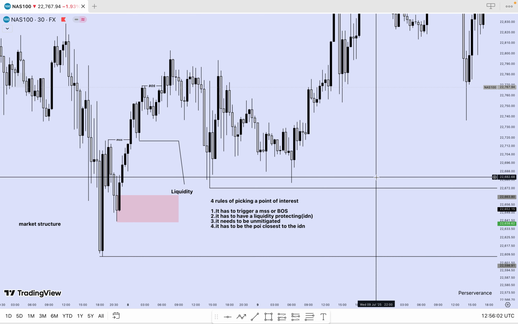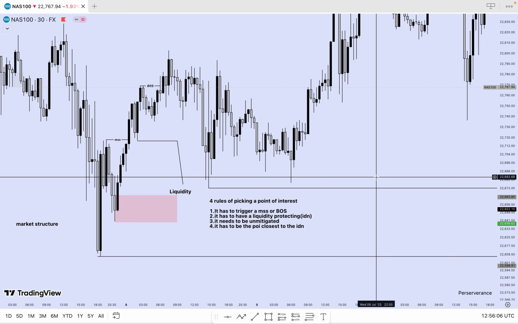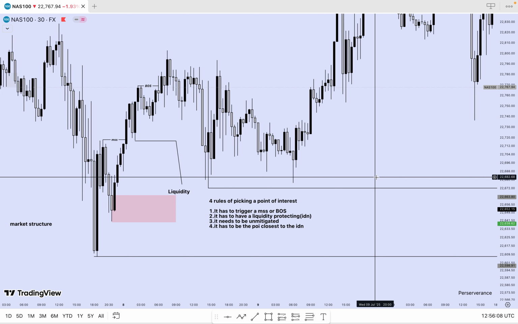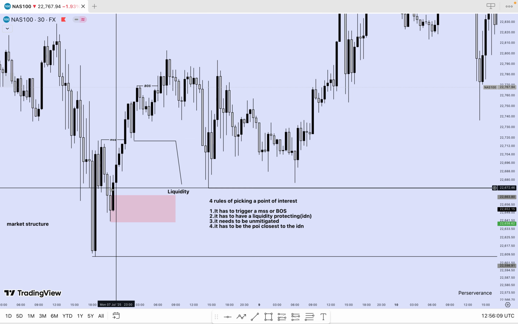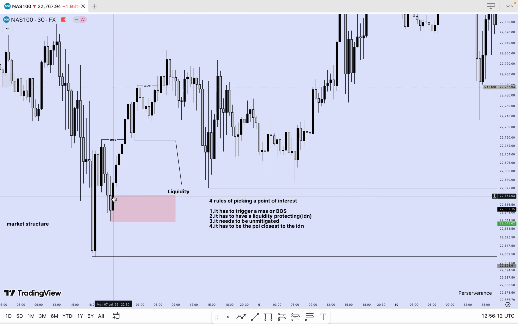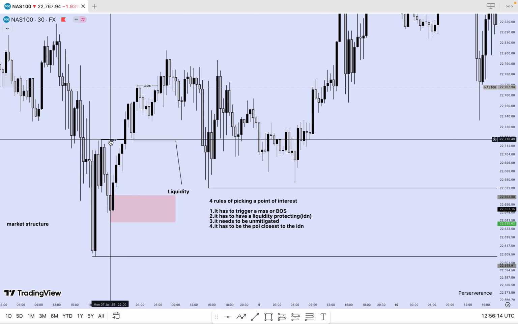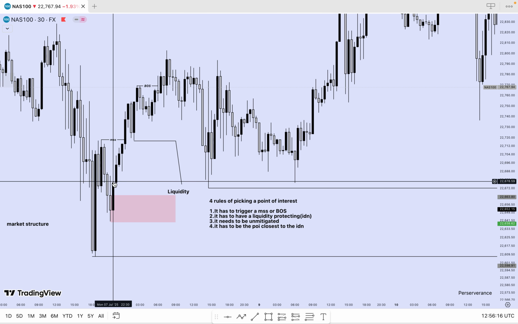And then the last one, it has to be the POI closest to the inducement. Need to pay attention to that. Now you have this order block here. This order block triggered a market structure shift. This order block has liquidity protecting it, which means an inducement.